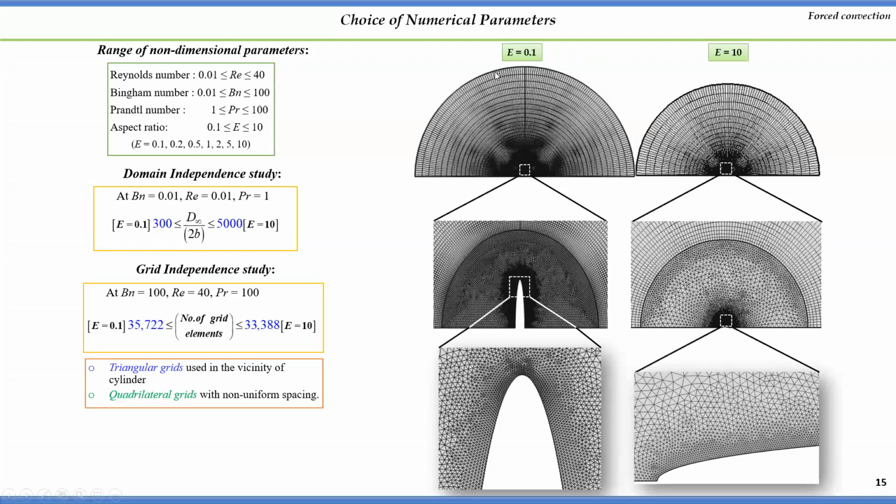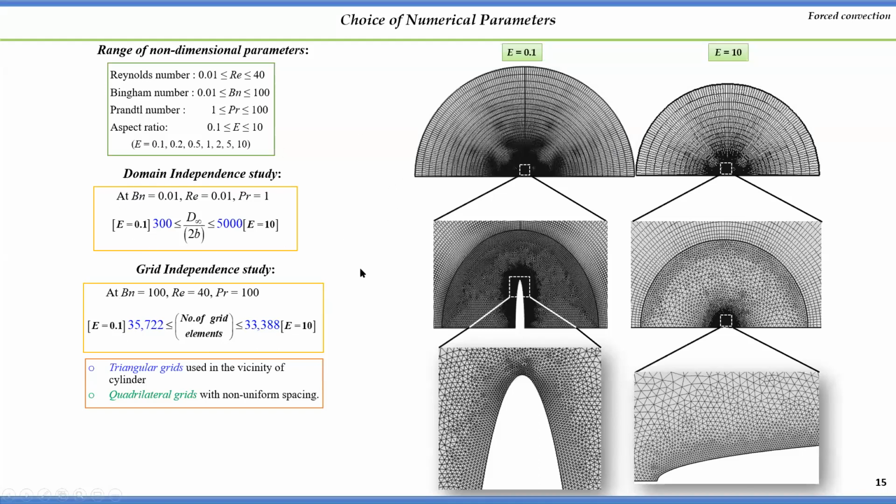What about the grid? In order to discretize this flow domain, we need to generate the grid, and these grids are also considered as a numerical parameter, and we need to optimize this grid inside this domain. Now, the size of the domain and the number of grids we have to optimize because we are solving numerically, correct?